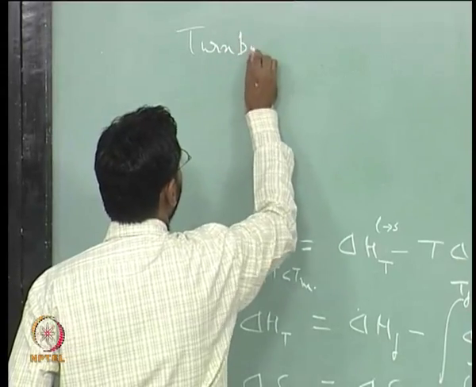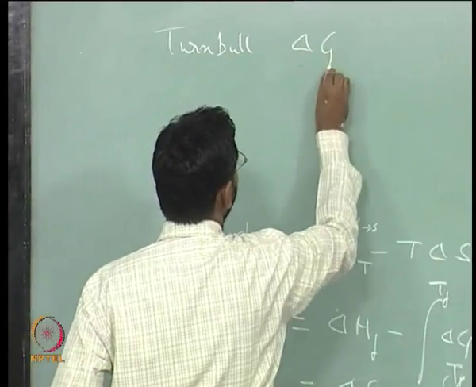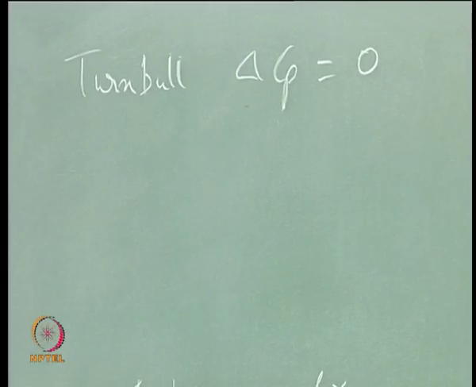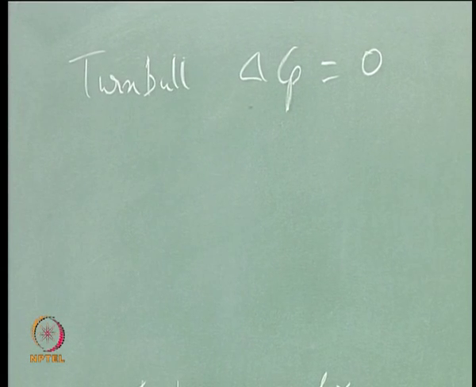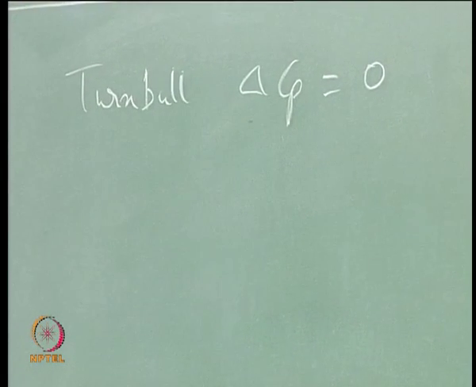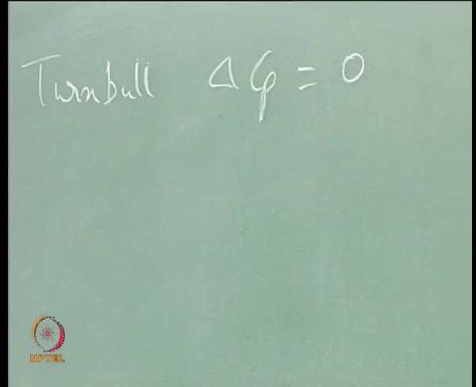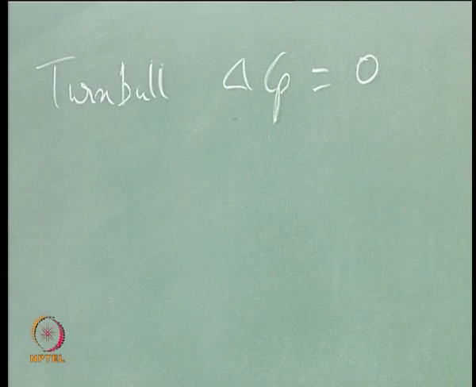Turnbull said, let us assume delta Cp is 0, the crudest assumption one can think of, and we know definitely it is not close to reality, but there are so many things we assume. For example, ideal solution in thermodynamics is not close to reality, but we still assume. So one can assume anything that he wants.